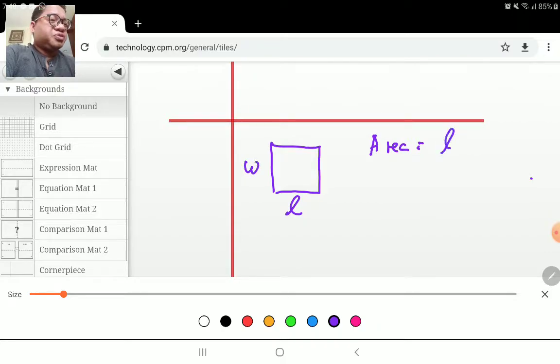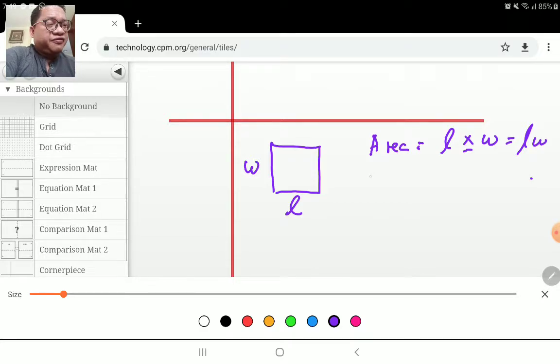So what we do is we multiply the length times the width, right? By the way, in algebra, when you say LW, it means multiplying, even without the times symbol. So we multiply the length times the width to get the area.